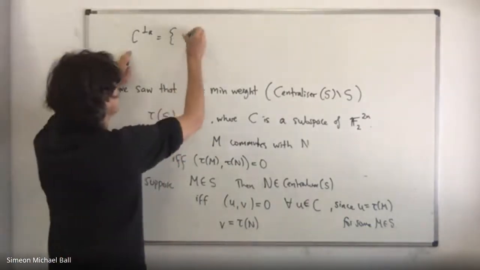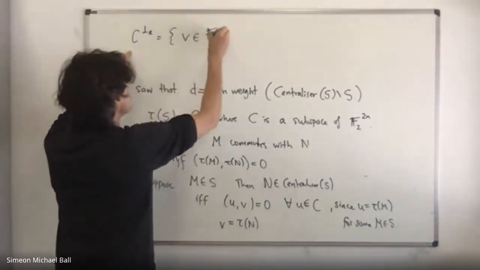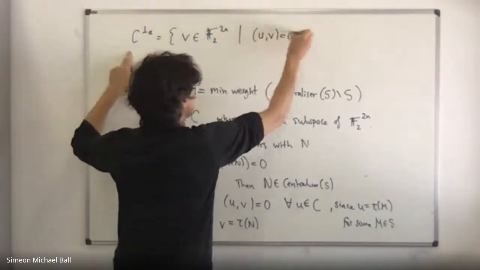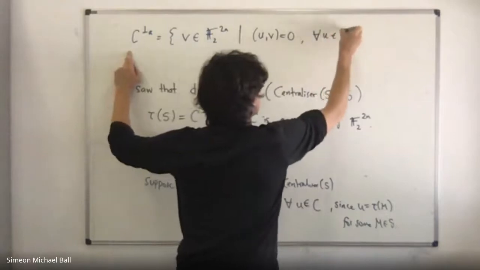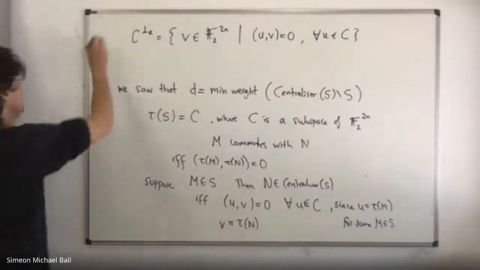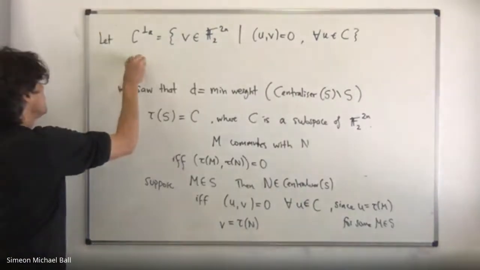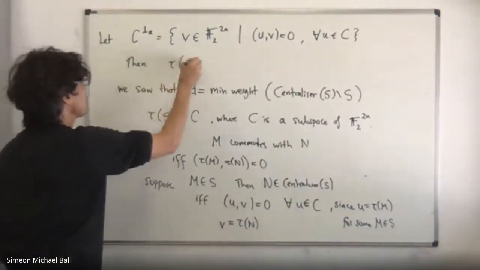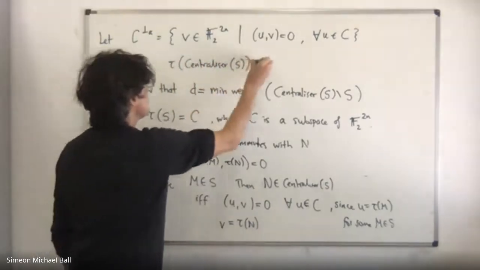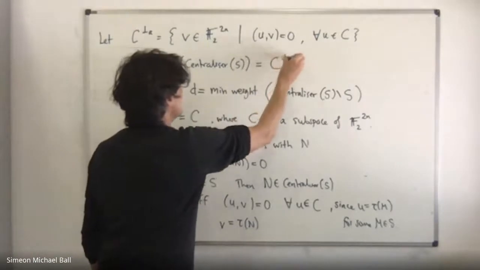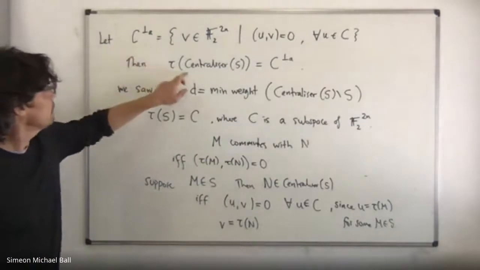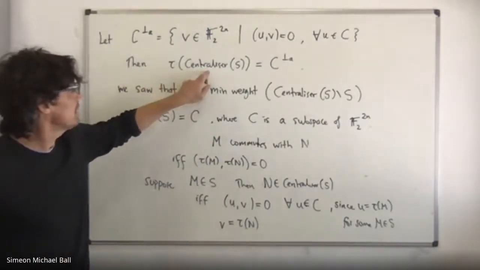So this will be the V in F2 to the 2m such that UV is equal to 0 for all U in C. So that then tau of the centralizer is equal to this. Okay, that's because we're looking for the stuff that commutes with all the elements in S.